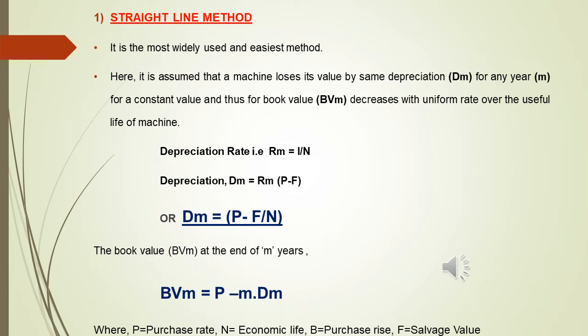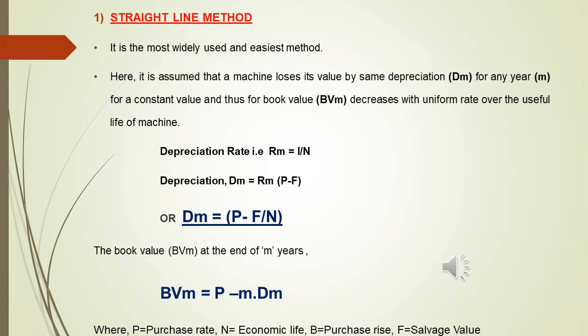So DM will be 1 by n into (P minus F), and I get DM as (P minus F) by n. That's indicated in the blue equation. This is your main equation for depreciation: DM equals (P minus F) divided by n.